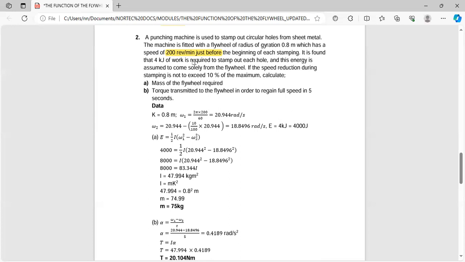So if we already have the biggest speed, omega 1, we're just looking for the other one, the minimum speed, which is omega 2.